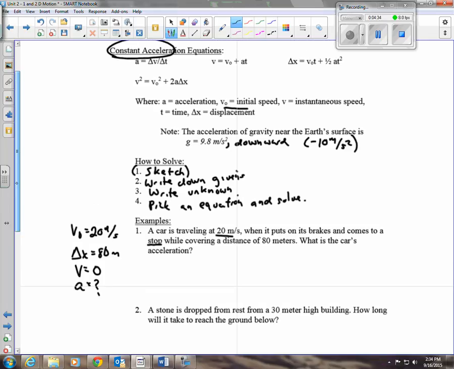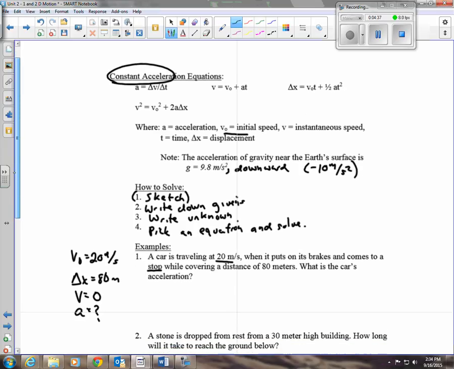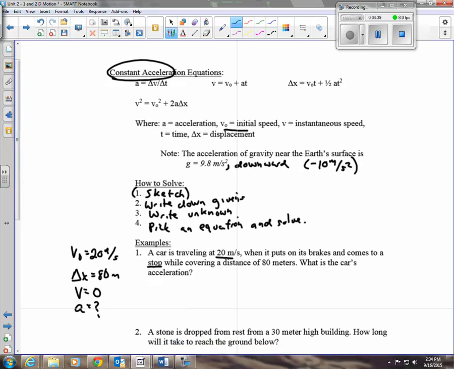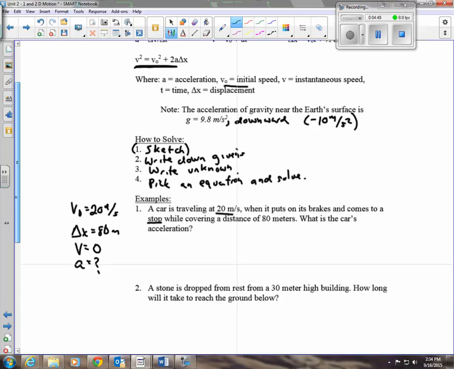Now I can look at the equations up here, and I want the one that doesn't have time. I have V0, delta x, and v. I'm looking for a. Time is not on my list, so it turns out I'm going to use this equation right here: v squared equals v0 squared plus 2a delta x.